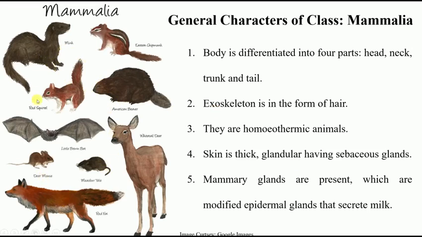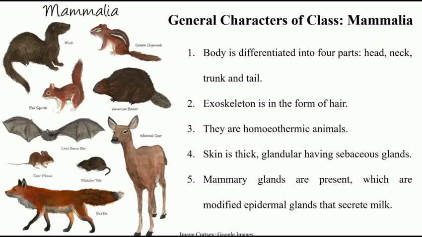In this diagram we can see a few examples belonging to Mammalia. In every case you will find that their body shape is greatly variable, as the class Mammalia contains a more heterogeneous group of animals, and these are highly evolved animals compared to animals of the other phyla.